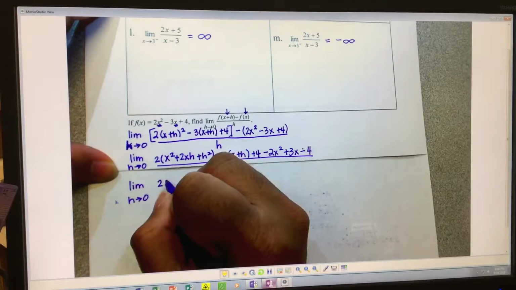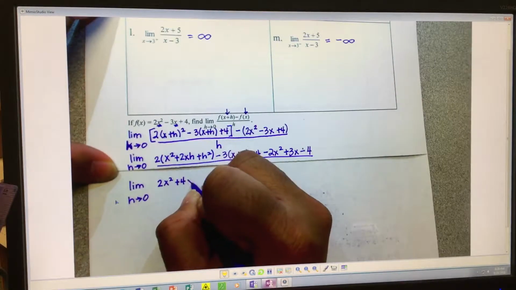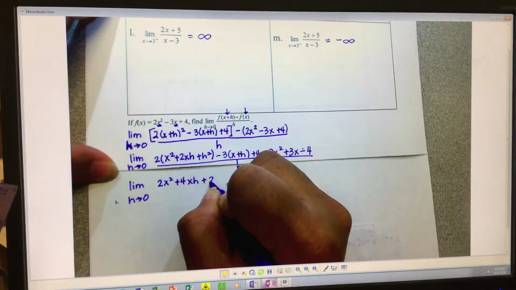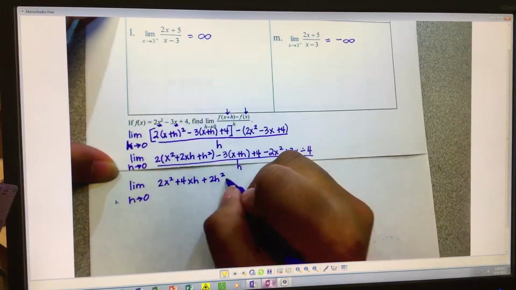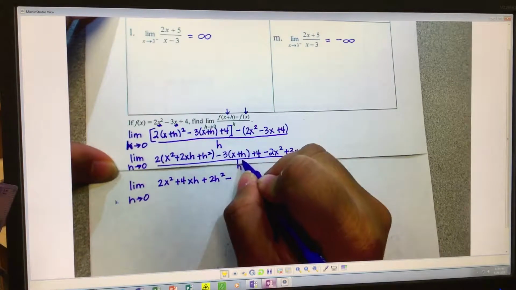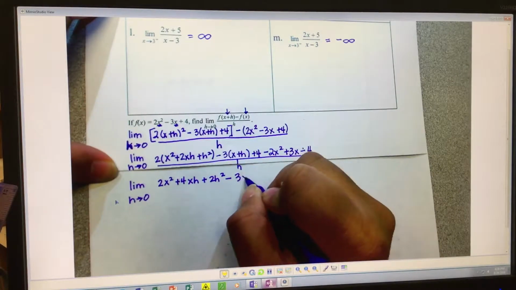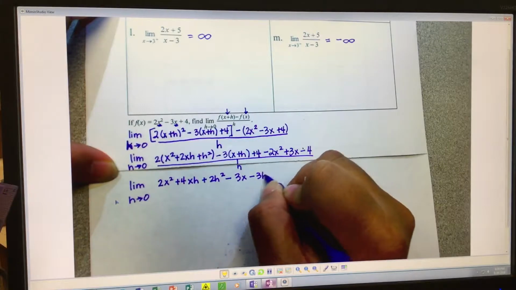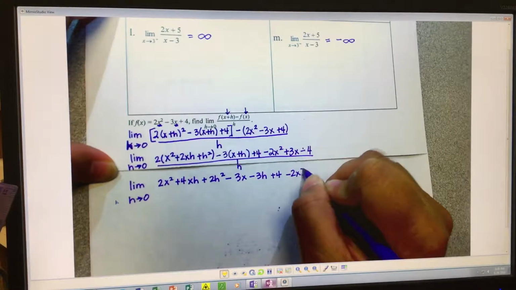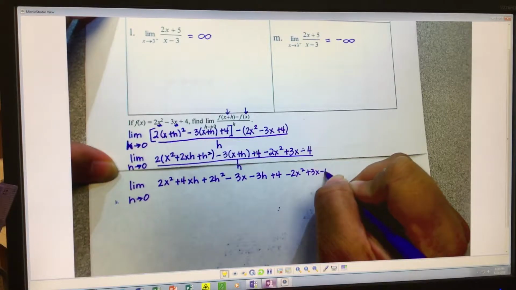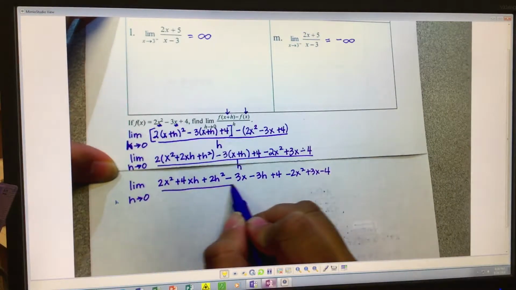So, well, not yet, I got to distribute, gosh, I know. Plus 4xh plus 2h squared, okay? Minus, and then I'm going to distribute here, minus 3x minus 3h plus 4 minus 2x squared plus 3x minus 4. Hopefully I didn't miss any.